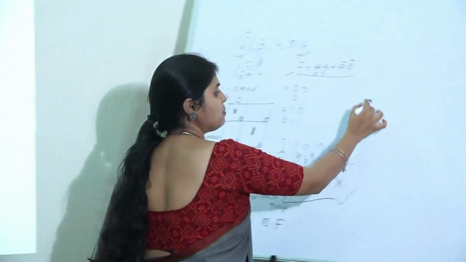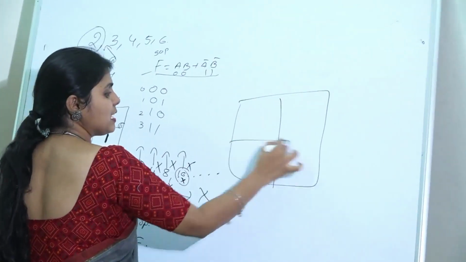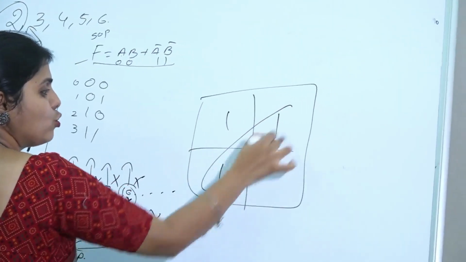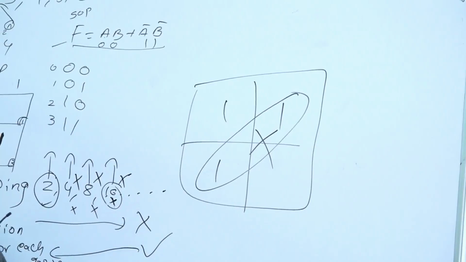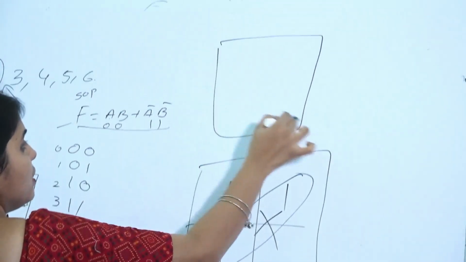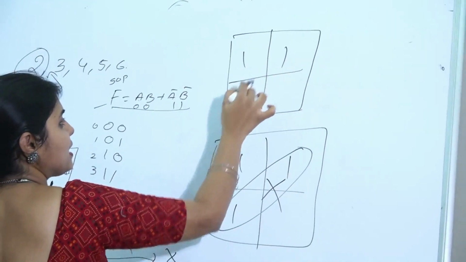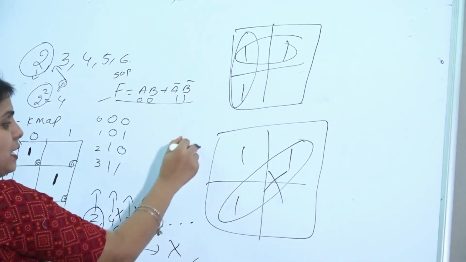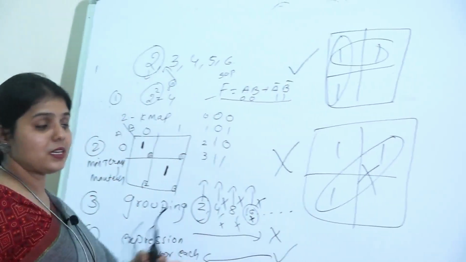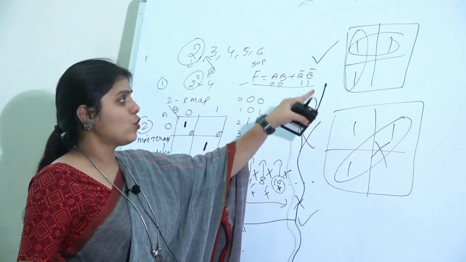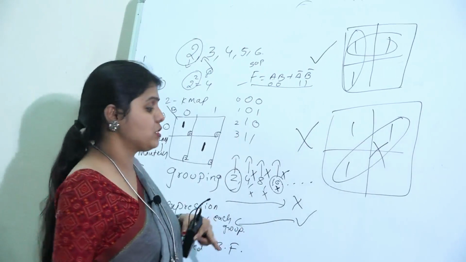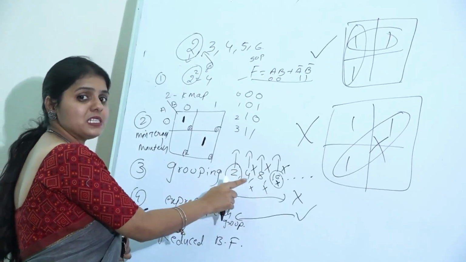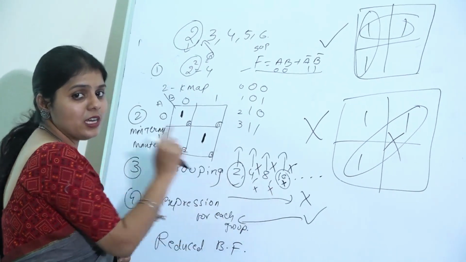Please remember, if I have 4 cells like this, I cannot group them like this. This is wrong. If I have ones placed like this, I can go for either horizontal grouping or vertical grouping, but not diagonal grouping. Diagonal grouping is not allowed, only vertical or horizontal grouping with 2, 4, 8 or 16 variables.